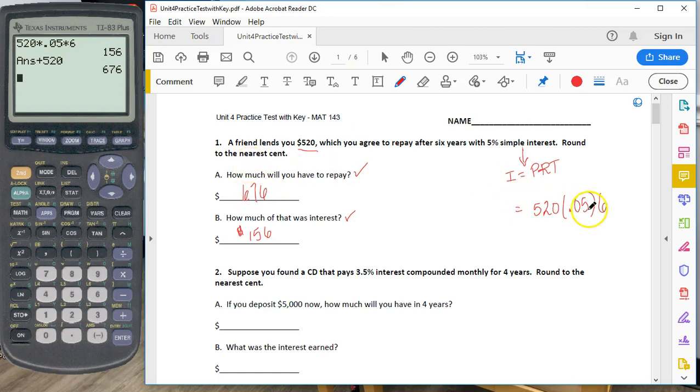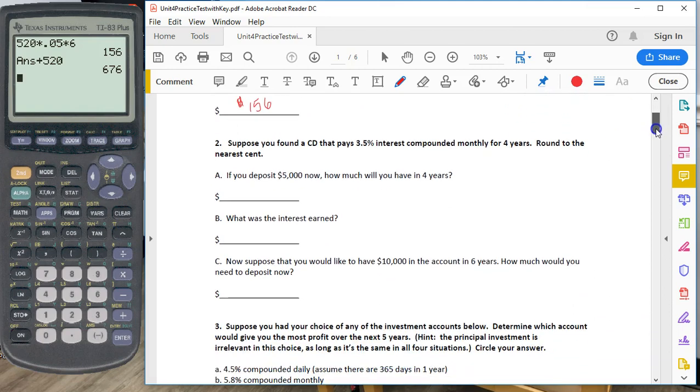Suppose you found a CD, a certificate of deposit, that pays 3.5% interest compounded monthly for 4 years. So if you put $5,000 in now, how much will you have in 4 years? So the amount that you have in your account after a time of compound interest is principal, 1 plus r over n raised to the n times t, where the amount is how much is in the account after all the time has passed.